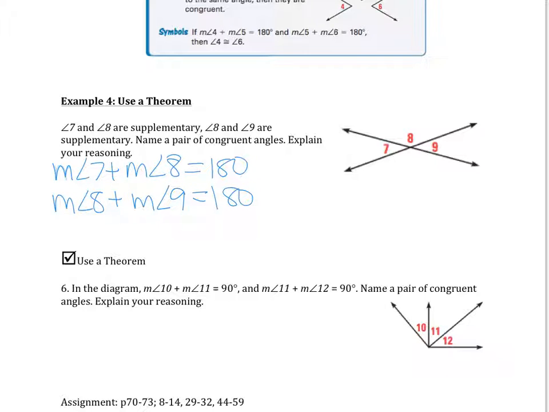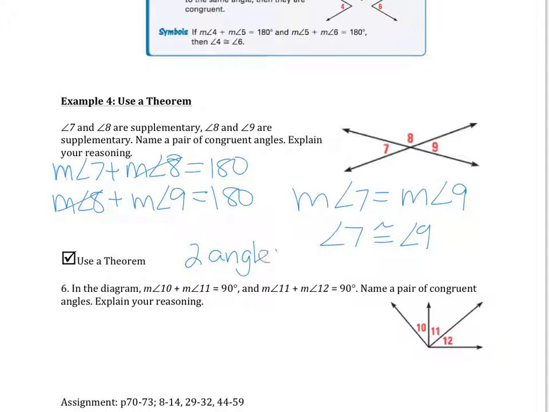They're both supplements to angle 8, so I know that these two measures must be the same. So angle 7 is congruent to angle 9. And it's two angles supplements to the same angle.